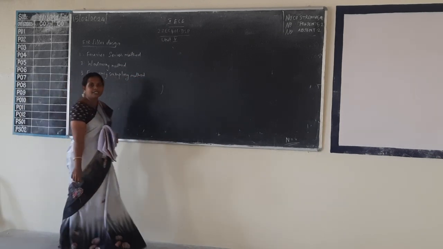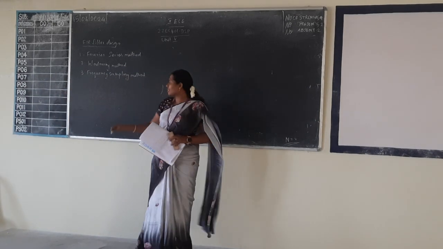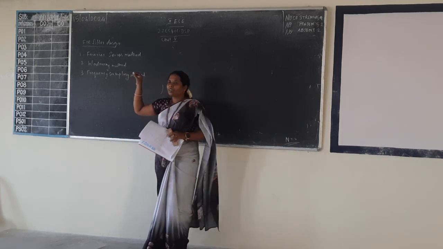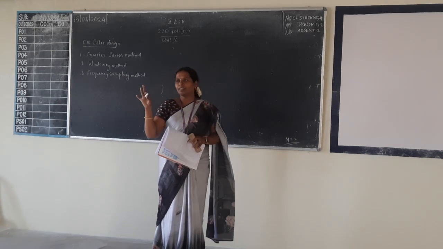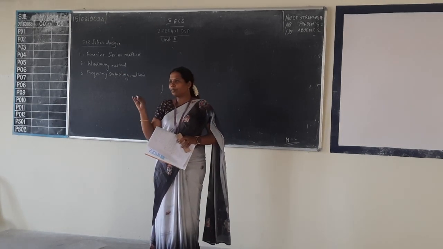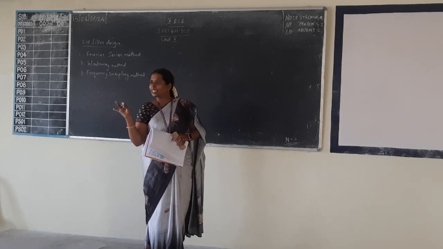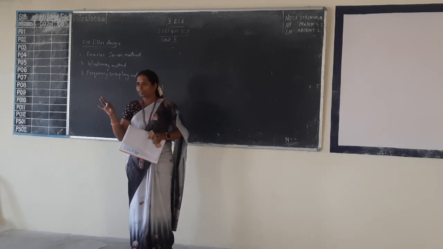We have three methods. In this windowing method, there are 4 to 5 windowing techniques, but in your syllabus only 3 windowing techniques. One is rectangular window, the second one is Hanning, and the third one is Hamming window. Okay.